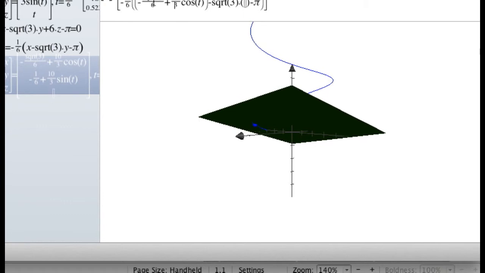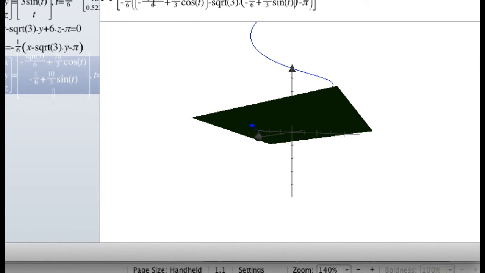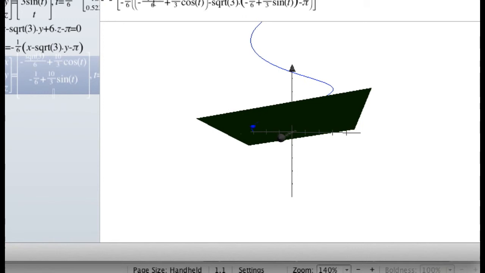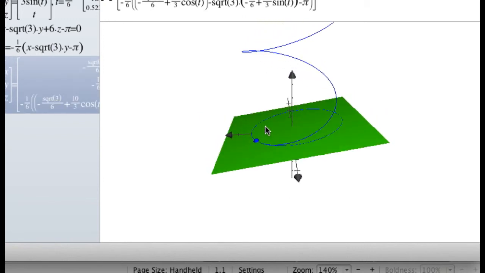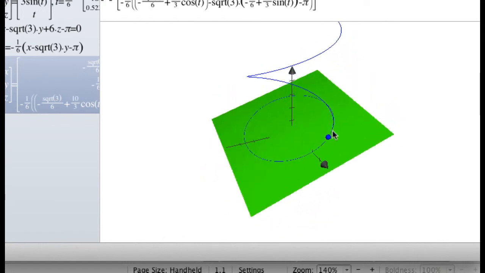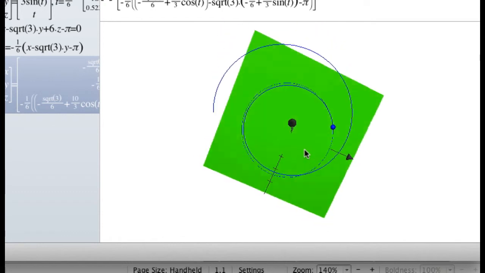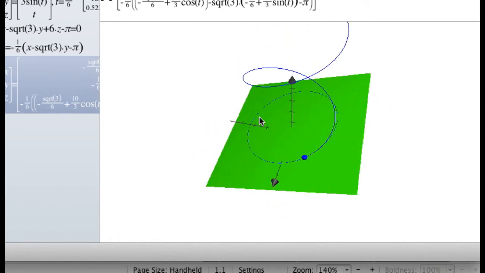And this will give me the correct height. I already knew the equation. So I'm basically finding the intersection of a right circular cylinder with this plane, and the intersection will be the osculating circle that I'm looking for. So there is the osculating circle, and you can see that it's doing a really good job of approximating the curve at that point. And that's how you do it.